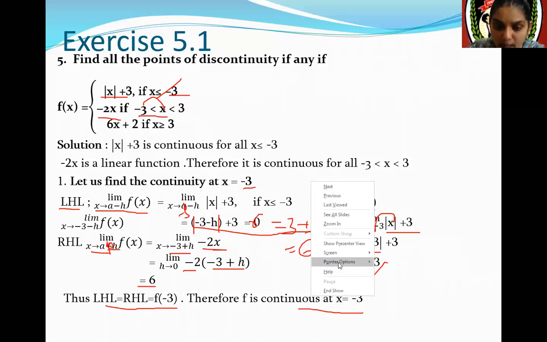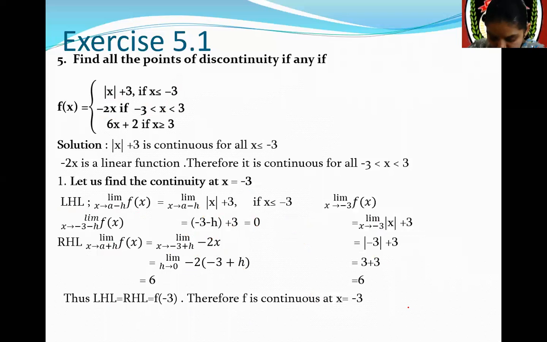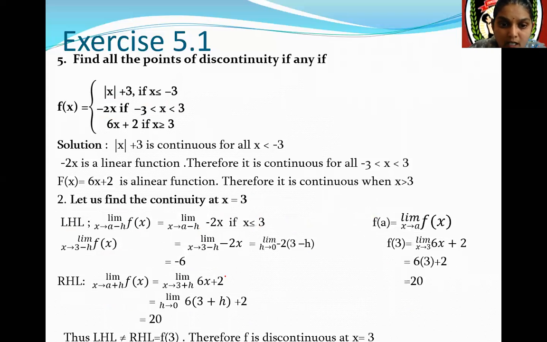Now, let me look at one more point, which is a break or a joint. Let us find the continuity at x equal to 3. Left hand limit for x equal to 3: I define left hand limit as limit of f of x as x tends to a minus h. What is our a here? It is 3 minus h. When it is in the neighborhood of 3, what's the function?